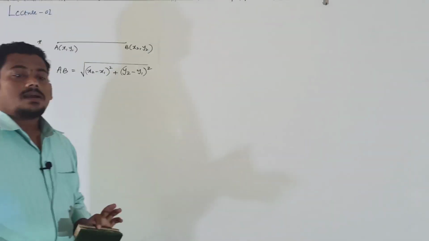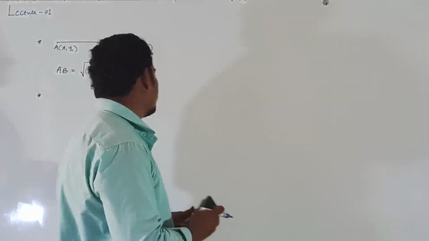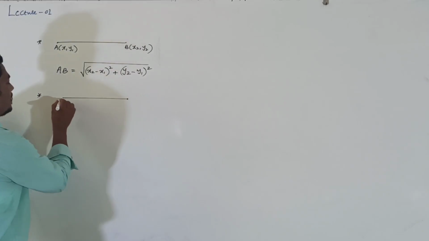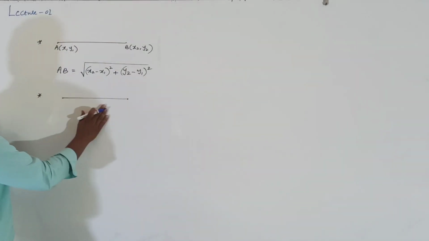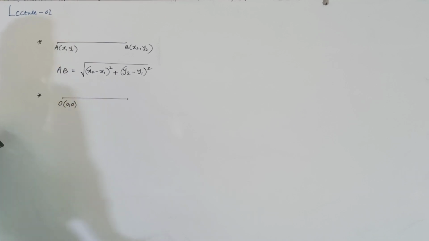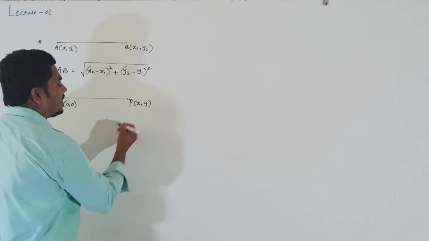Next, distance between origin and one point, or distance of a point from the origin. Origin means coordinates are 0 comma 0, and any arbitrary point x comma y.